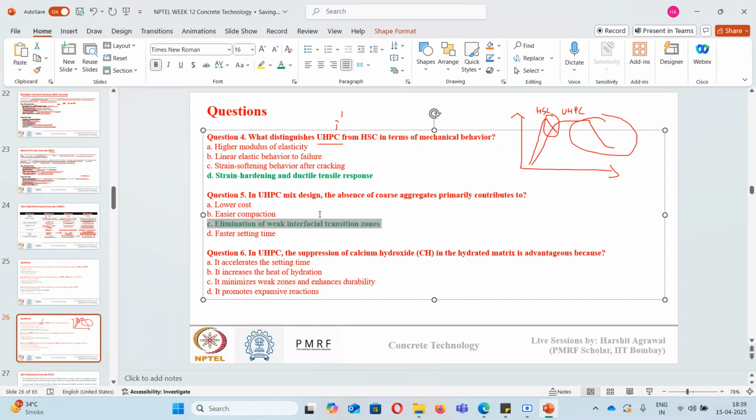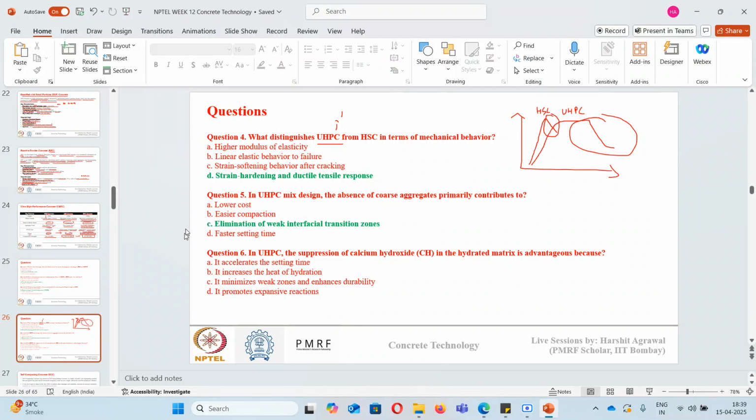By removing the coarse aggregate, UHPC avoids the ITZ between cement paste and the aggregate. And this ITZ we have understood from the previous session. These are the weak points inside the concrete. So eliminating the weak interfacial transition zone is done by the absence of coarse aggregate.